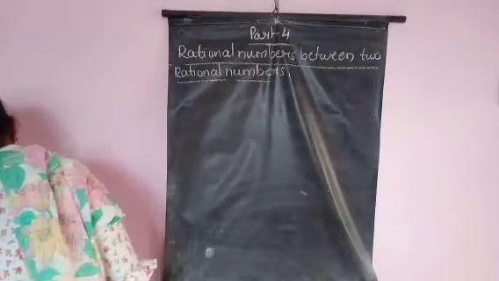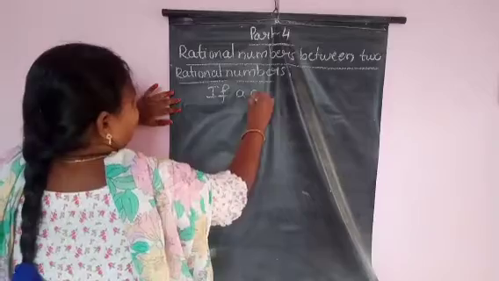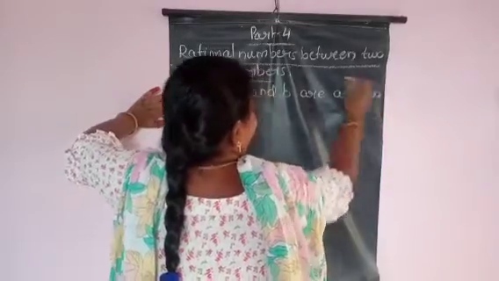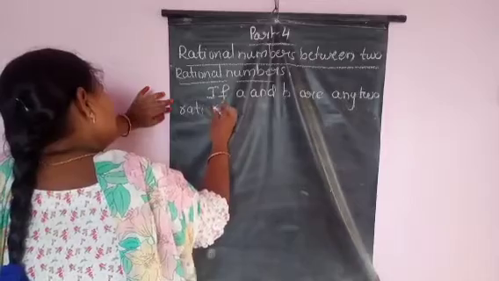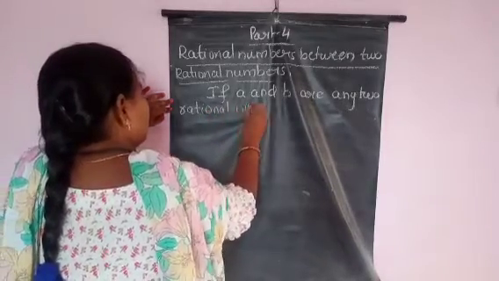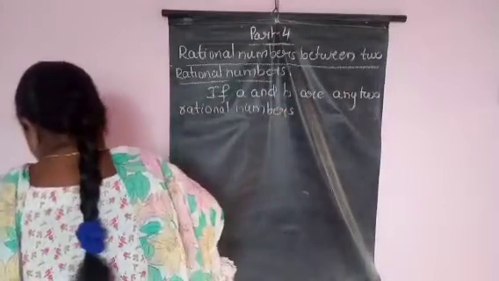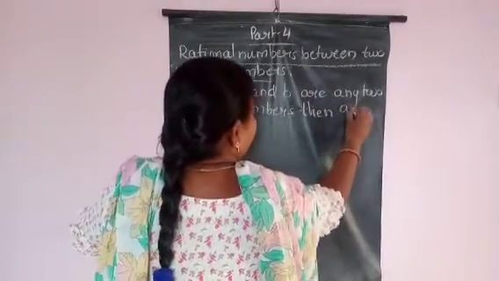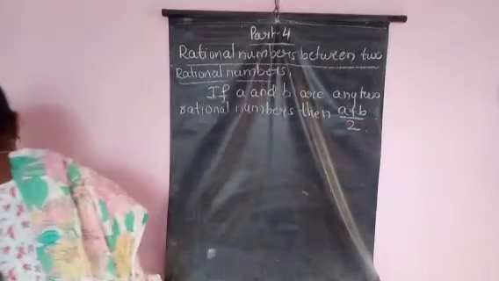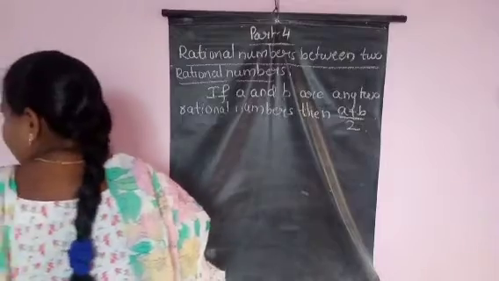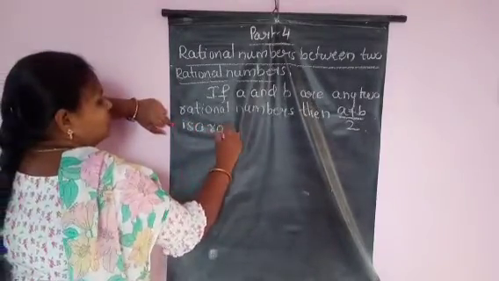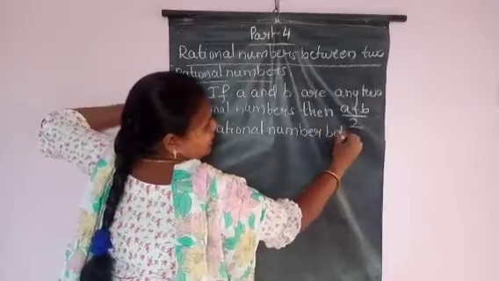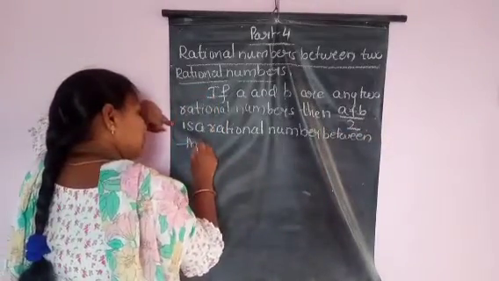If A and B are any two rational numbers, then (A plus B) by 2 is a rational number between them.